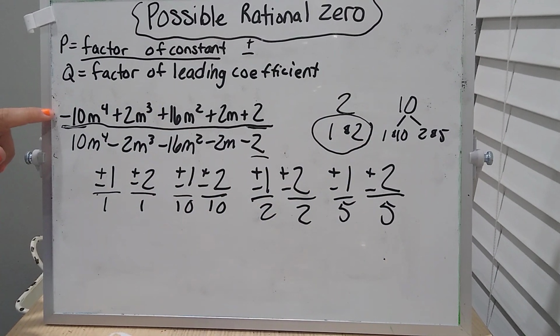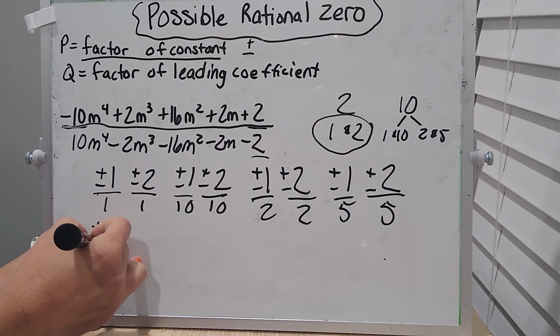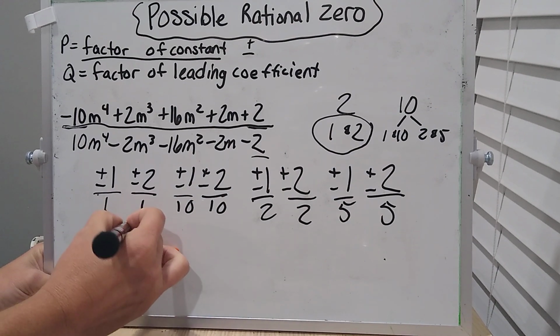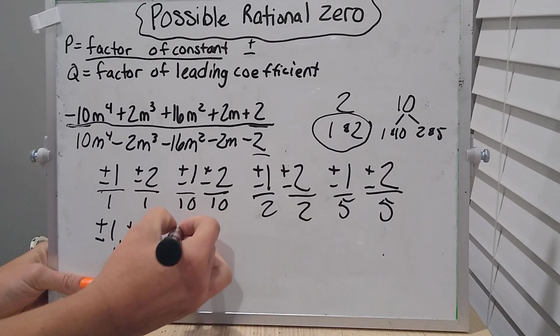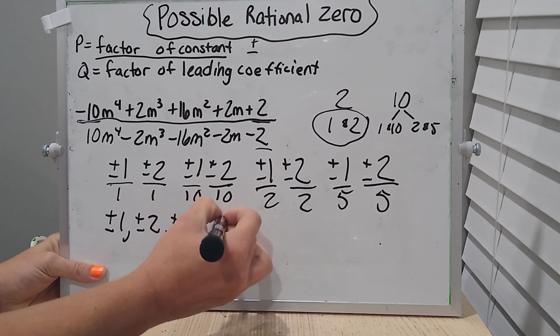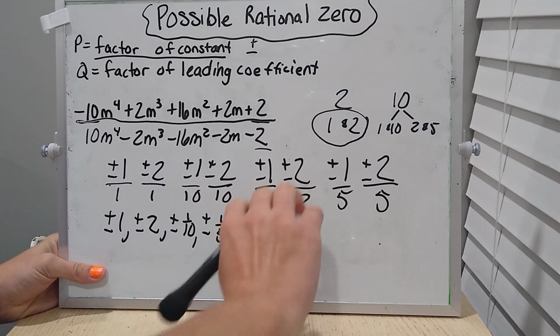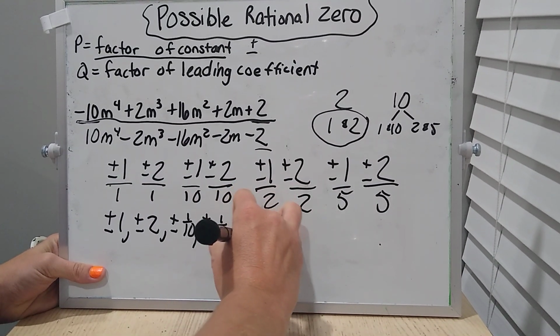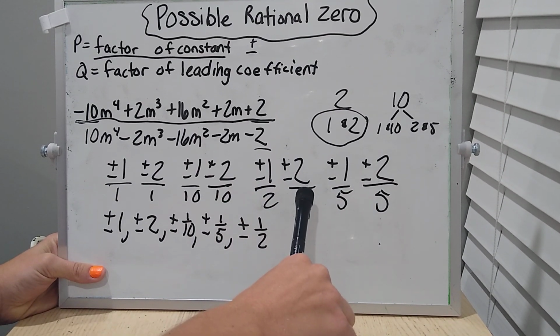That's why we factored out this negative. Okay, so now let's simplify. I've got positive negative 1, positive negative 2, positive negative 1/10, positive negative, this will reduce to 1/5, positive and negative 1/2. Okay, this will reduce to positive negative 1.